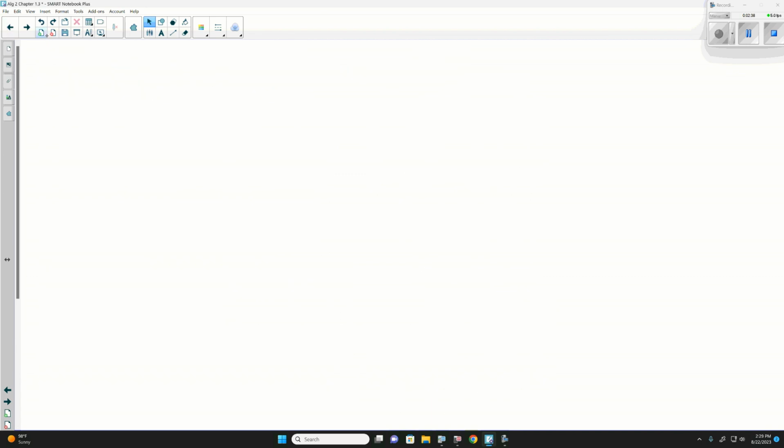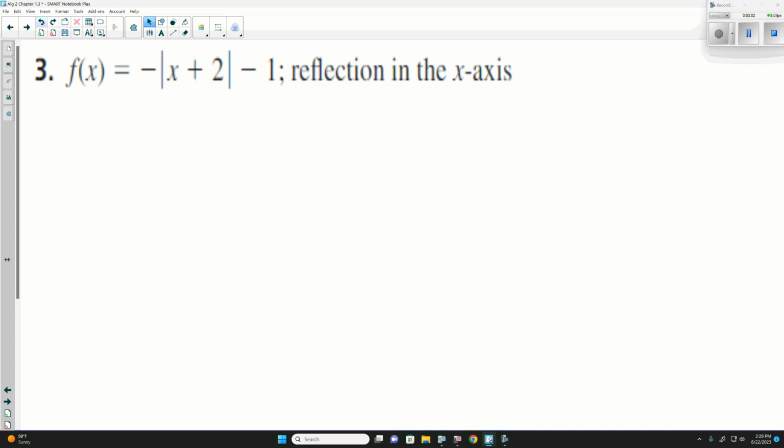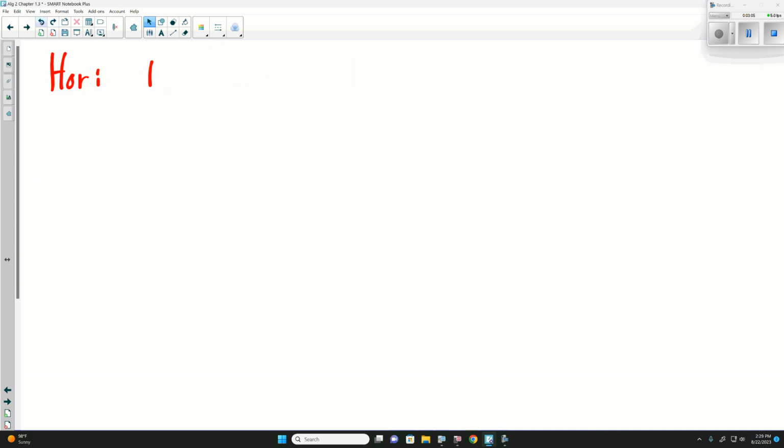So there are several different things we talked about yesterday: applying horizontal, vertical, and our reflections. So we apply a horizontal translation. We're talking about f of x minus h, which is our left or right.